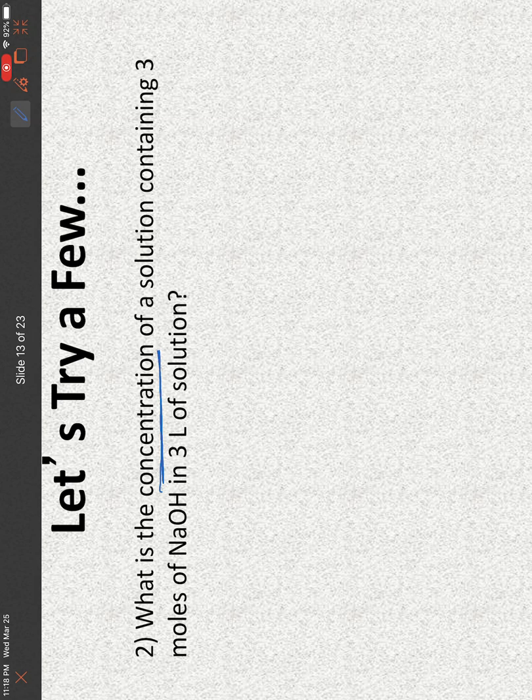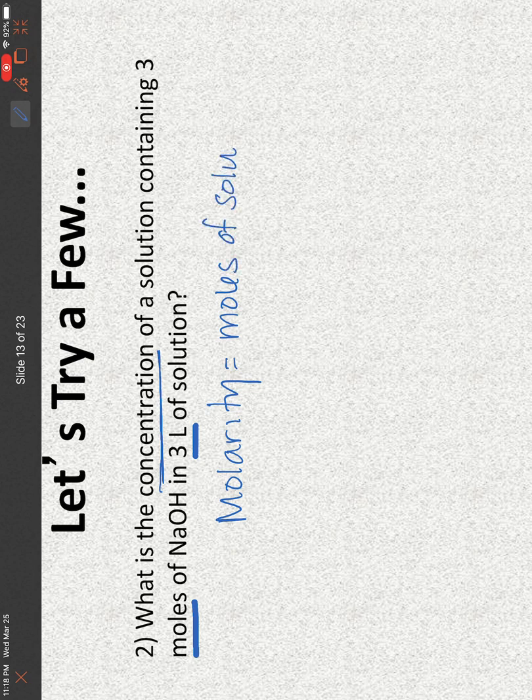So, they're asking about concentration. So I'm going to go to table T, look for the box that says concentration, right? And use one of those formulas. In this question, they mention moles and liters of solution. So I know to use the molarity formula.